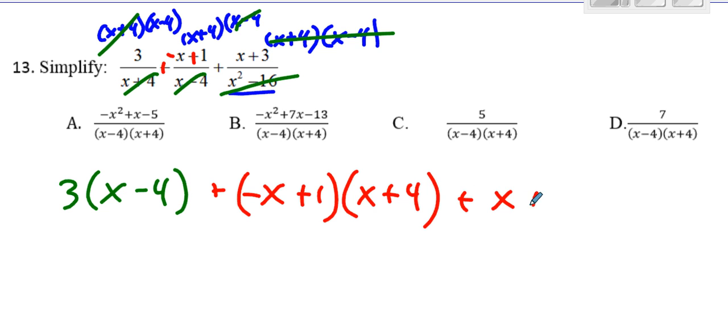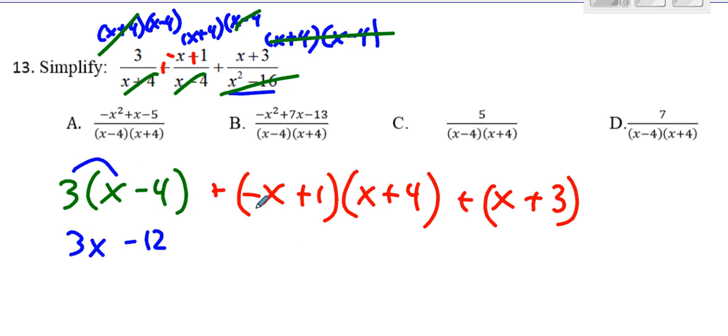And then the x plus 3. And there's nothing to multiply that to. So we need to simplify this and combine like terms and then put it over our LCD. All of our options have the same common denominator, so we just got to see what we get for the numerator.